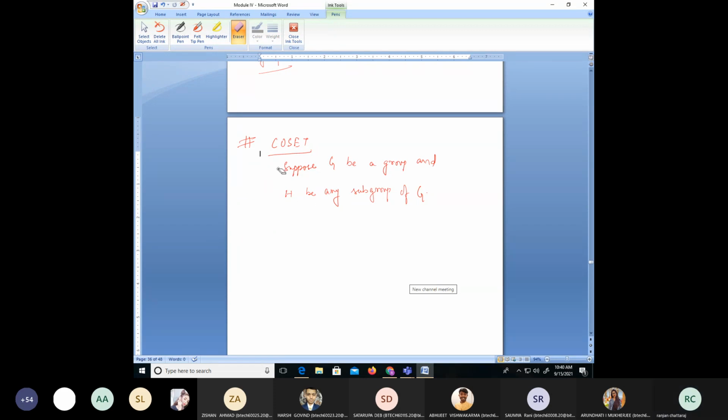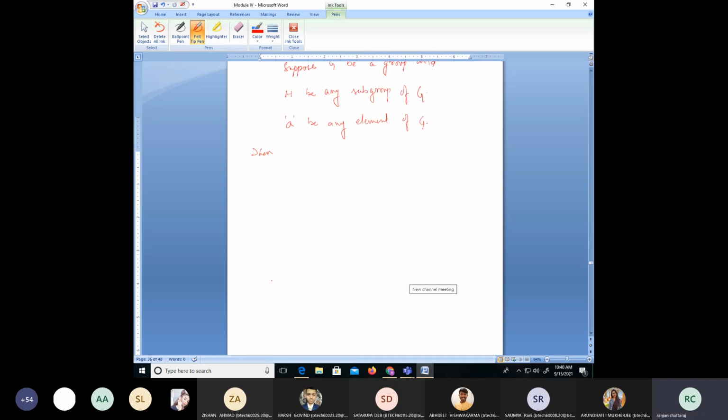Okay. So G is a group and H is any subgroup of G, and A belongs to G, A being any element of G. Then we define a set.